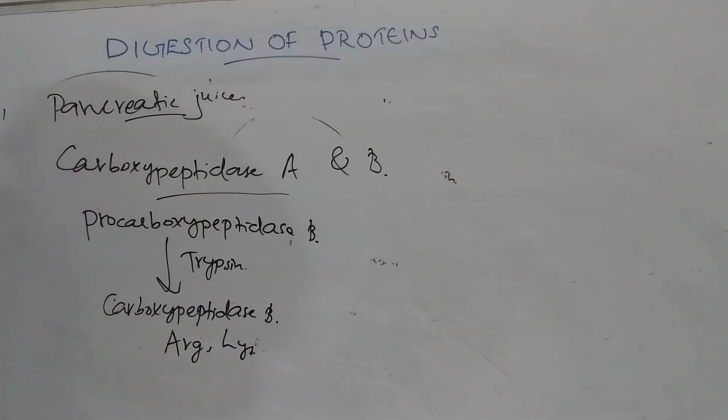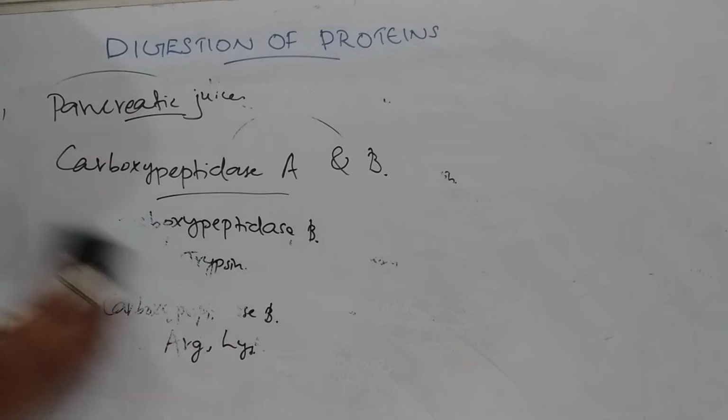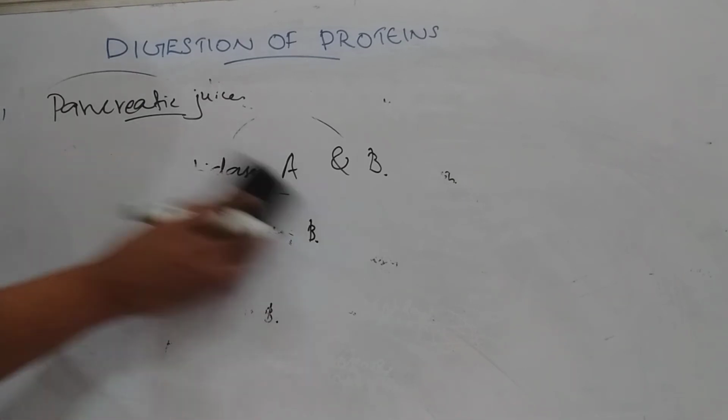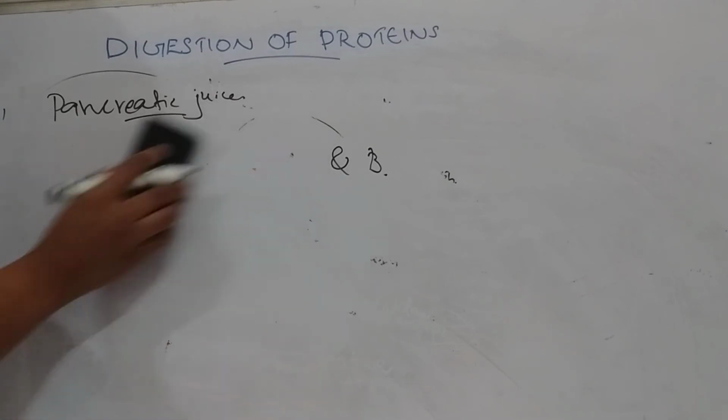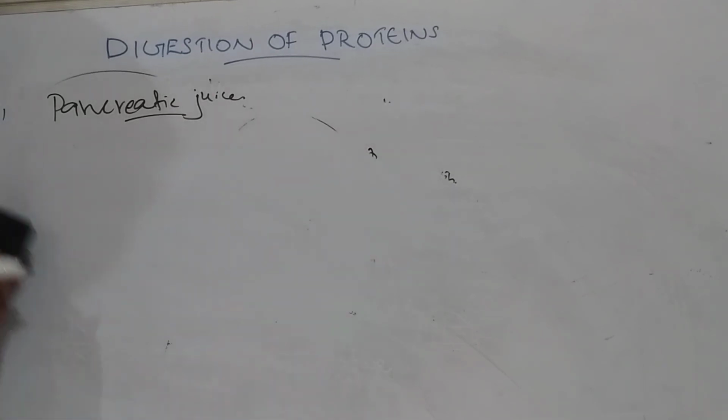And these carboxypeptidases are exopeptidases, which means they cleave the terminal peptide bond. So these are the enzymes in pancreatic juice.